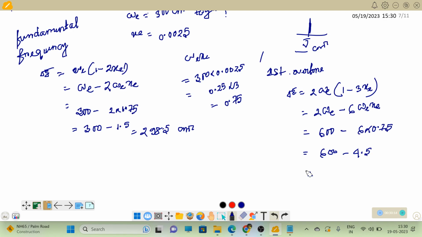So 600 minus 4.5 is 595.5 centimeter inverse. Okay, so this is the answer. This is the fundamental frequency, and this is the first overtone. That's it. Now coming to the next question.